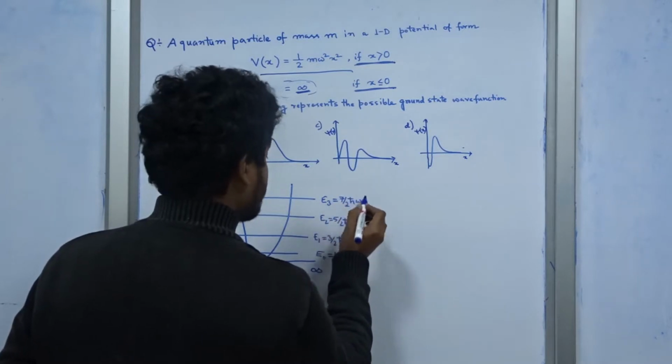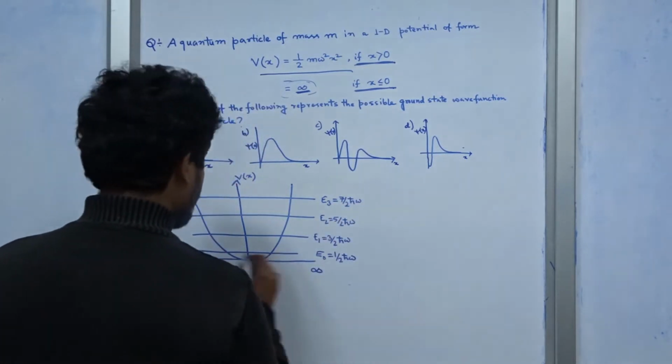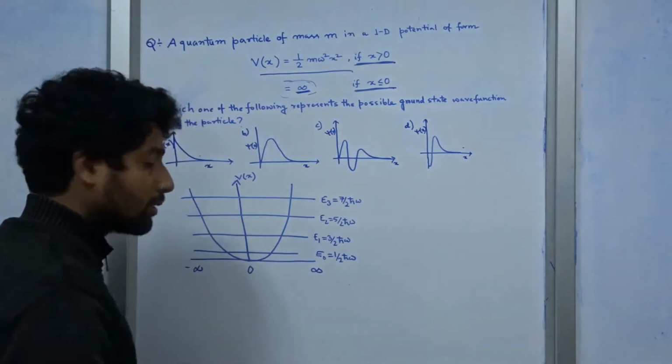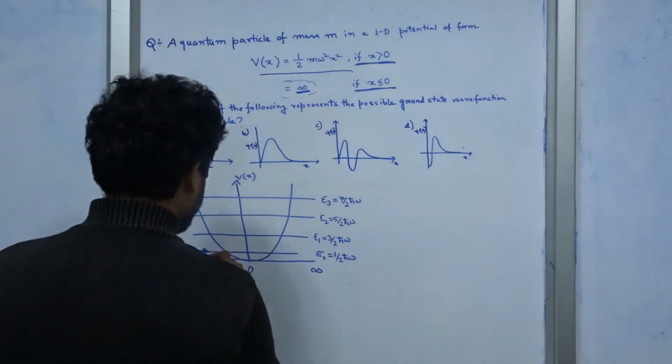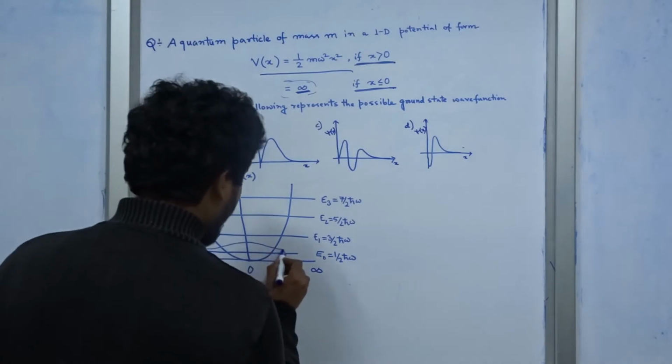So these are the energy eigenvalues, and this is how the energy eigenfunctions look. For n equal to 0 it looks like a Gaussian wave function.